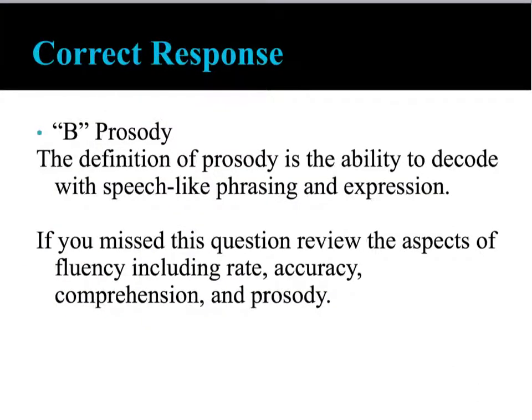The correct response? B. Prosody. The definition of prosody is the ability to decode with speech-like phrasing and expression. If you missed this question, review the aspects of fluency, including rate, accuracy, comprehension, and prosody.